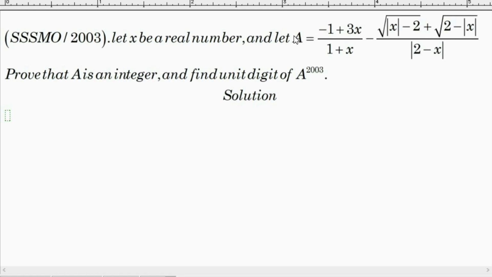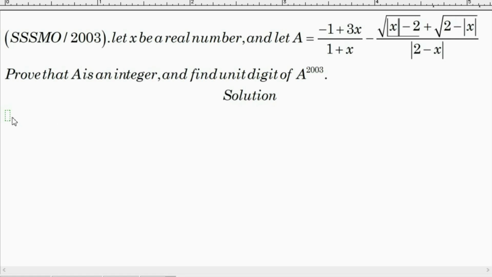Then, if this expression is to be an integer, we have to consider the conditions of this expression. I want you to see this fraction. As we can see, the numerators, the numbers under the square root, must be greater or equal to 0.